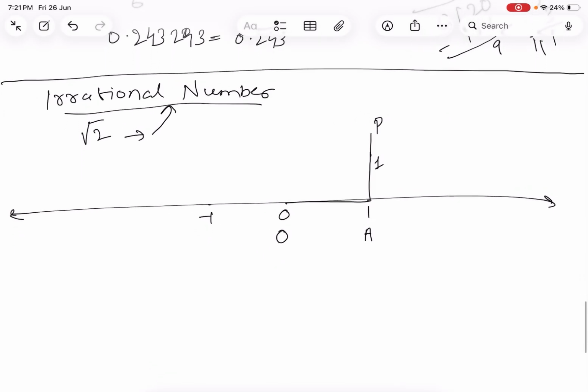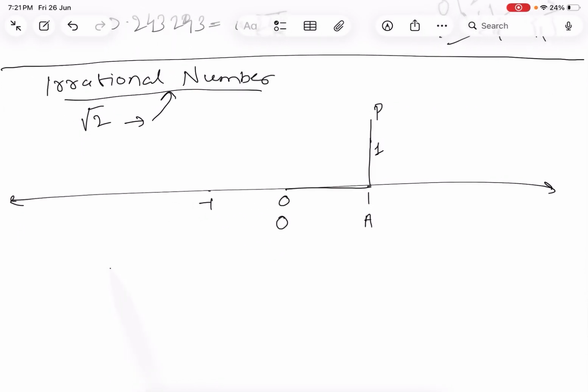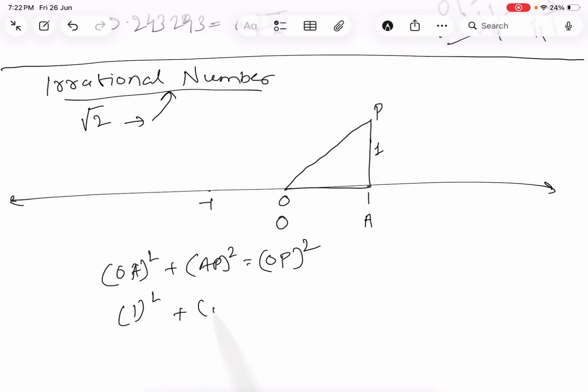Now we have learned Pythagoras theorem: in a right angle triangle, the sum of the squares of the two sides is equal to the square of the hypotenuse, that is OP square. So now we have 1 square plus 1 square, which is equal to OP square.